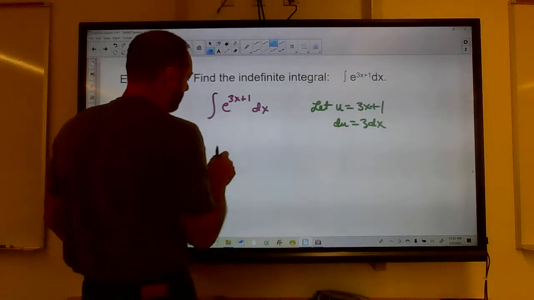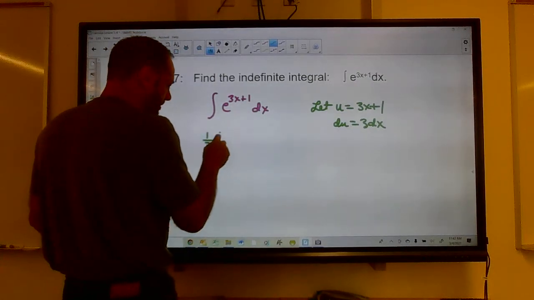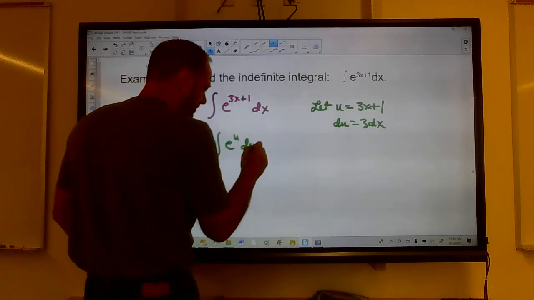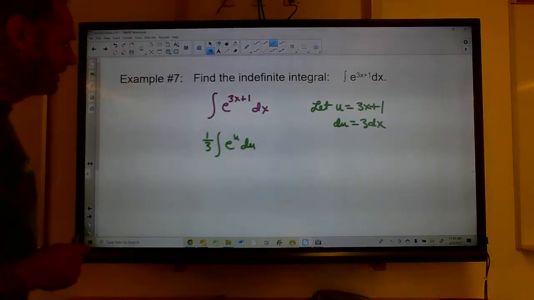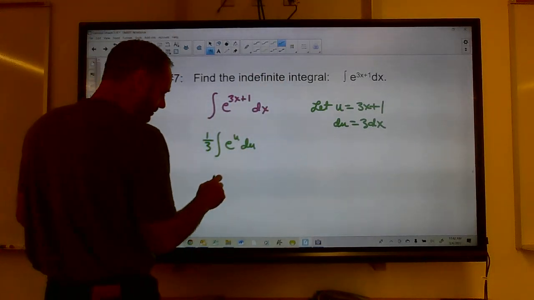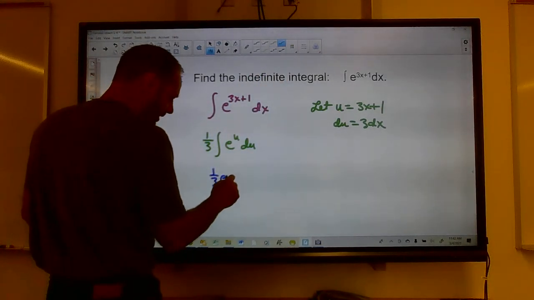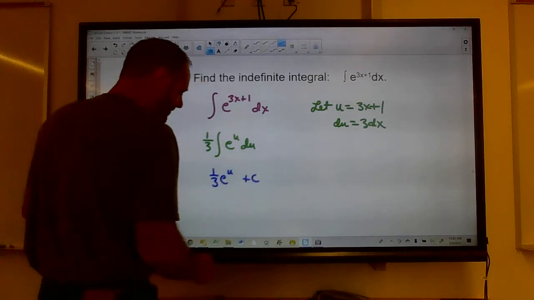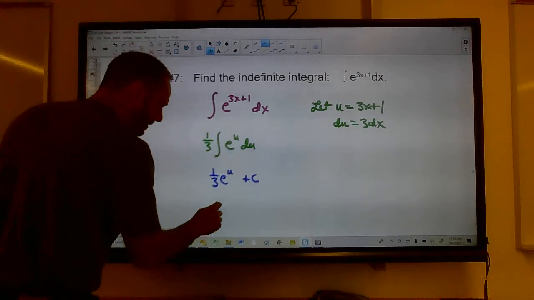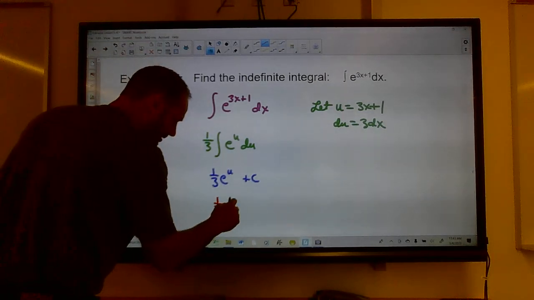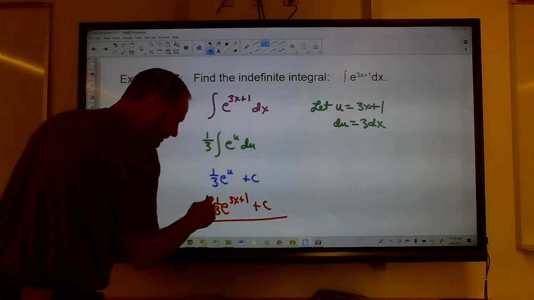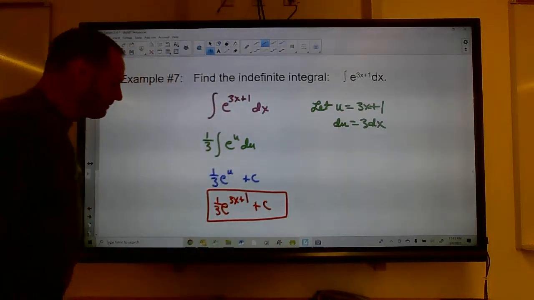I don't have a 3, so I need a 1/3 to cancel this out. This is e to the u du. And the integral of e to the u du is just e to the u. So this is 1/3 e to the u plus c. And then we'll go ahead and put the 3x plus 1 back in for u. And there you go.